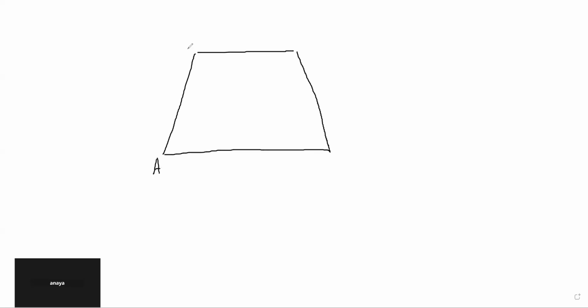Isosceles trapezoid ABCD has parallel sides AD and BC, with BC less than 80. So isosceles trapezoid, so the non-parallel sides have equal side lengths. A, B, C, D. AD and BC are parallel.